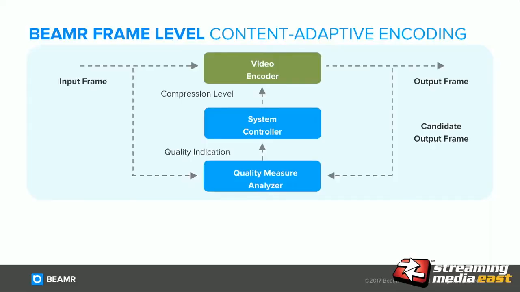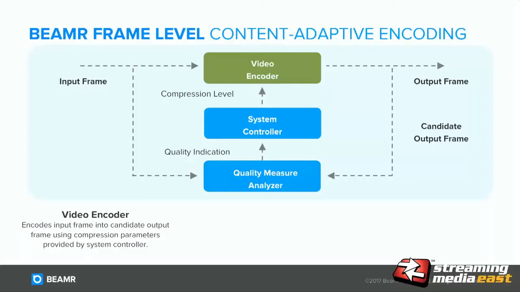So let's go one step lower into a block diagram. This wouldn't be a complete presentation if I didn't have a block diagram, system diagram. So here we go. Basically, this just illustrates where we fit into the encoding process. So the video encoder. Now, we did acquire, we own Vanguard Video, so we are absolutely in the encoding business.